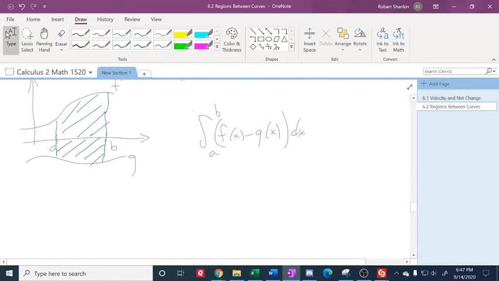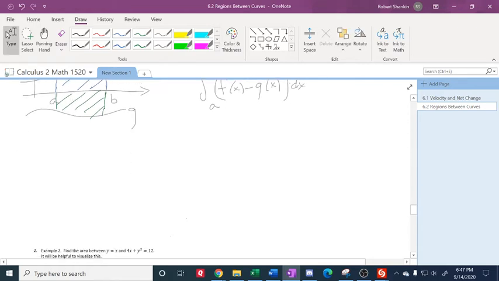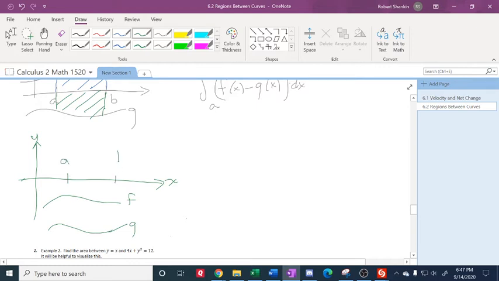It will still work even if both curves are below the x-axis. Let me put this x-axis up here. If here's my f, here's my g, and we're trying to find between a and b the area between these two curves.